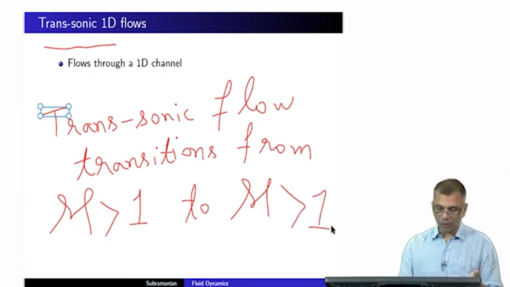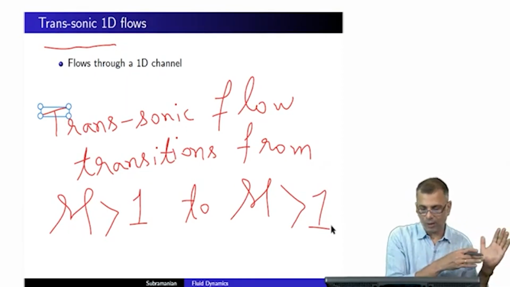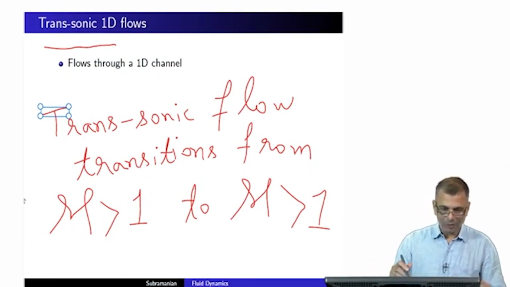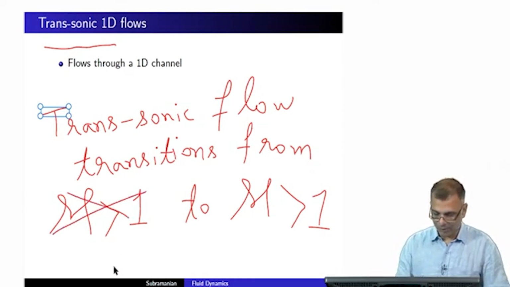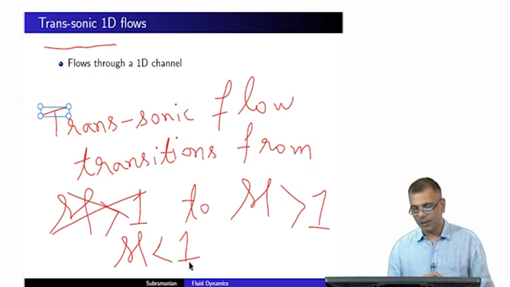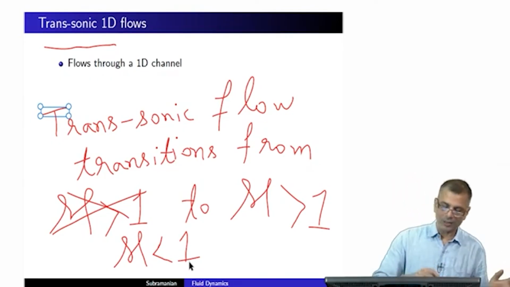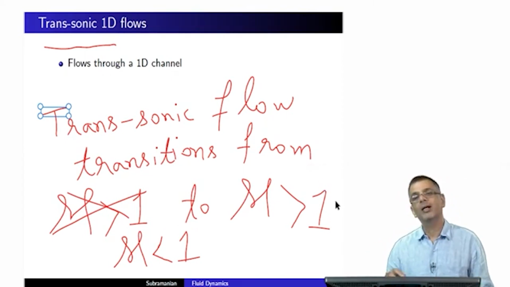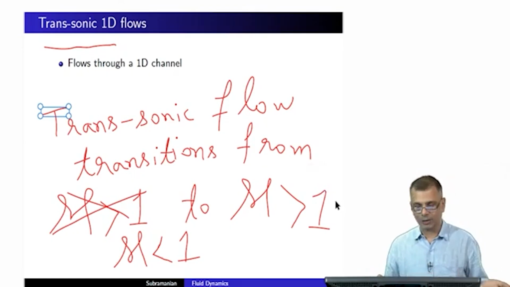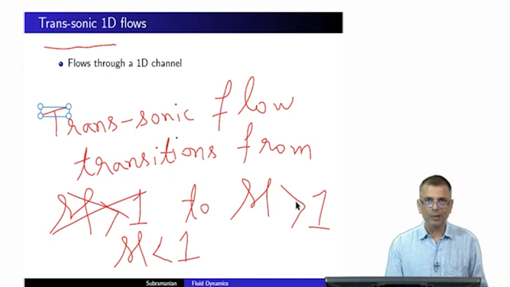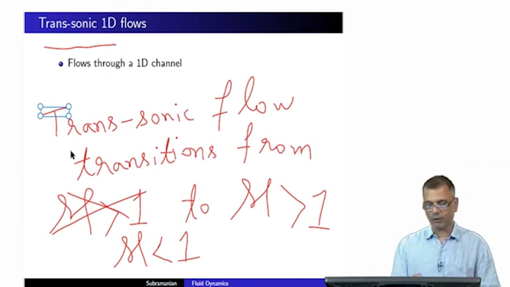Of course, through Mach number equal to 1. So this would be a subsonic flow, right. A transonic flow is one which transitions from a subsonic flow, which is Mach number less than 1, to a supersonic flow, which is Mach number greater than 1, through Mach number equal to 1. Naturally, you will encounter Mach number equal to 1 while transitioning from a subsonic flow to a supersonic flow. And these are called transonic flows.